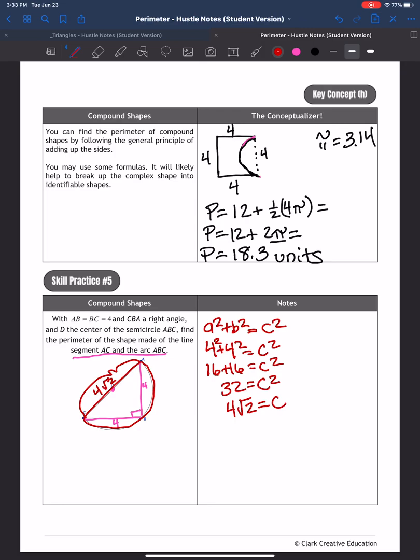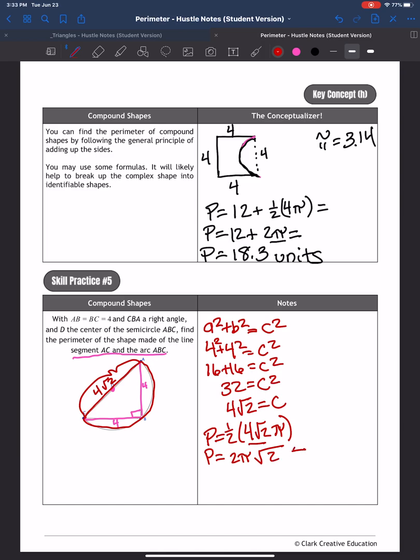Once you've done that, you need to figure out your arc. So it would be your perimeter equals 1/2, because you're figuring out your arc and it's only half the circle. 1/2 4 radical 2 times pi, because that would be your diameter. Okay, so P equals 2 pi radical 2 for your arc.